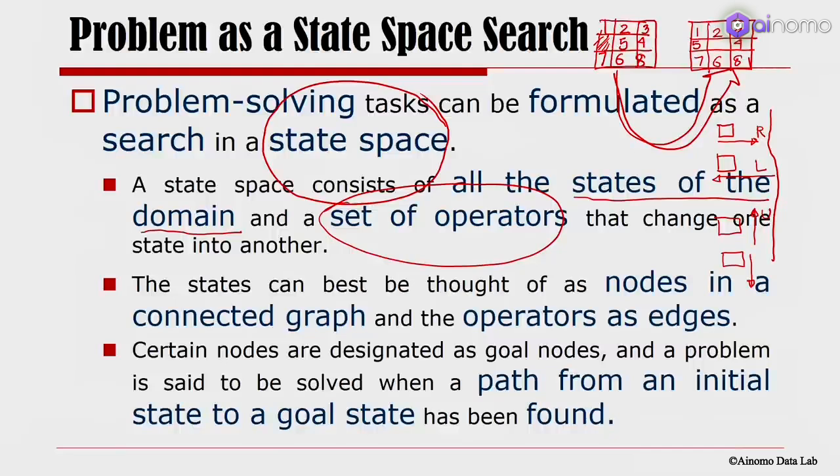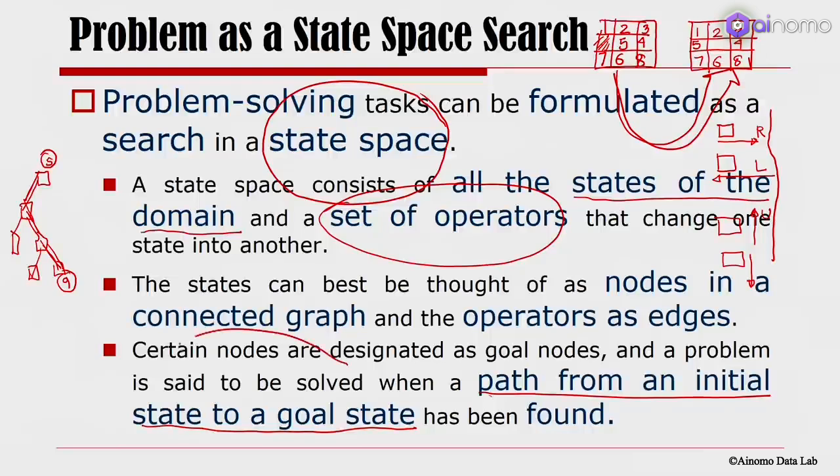And basically, what we will have is therefore, given a state, some way to move to new states. And when I am looking for a solution to this problem, given a start state S and some goal state G, the solution to this problem is about finding a path from S to G. If a path from an initial state to a goal state is found, the problem is said to be solved.